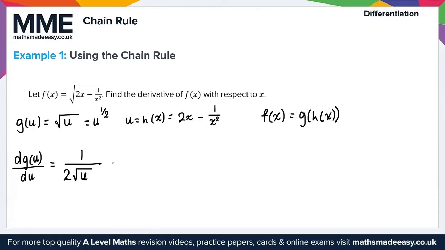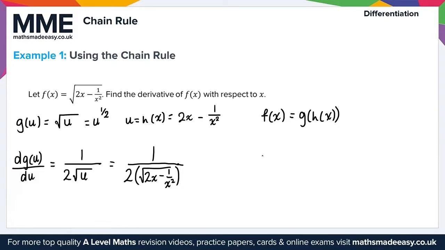Okay, and if we substitute now u equals 2x minus 1 over x squared back into this expression, we obtain 1 over 2 lots of the square root of 2x minus 1 over x squared. What we need to find now is du by dx, which we can write as the derivative of h of x with respect to x.